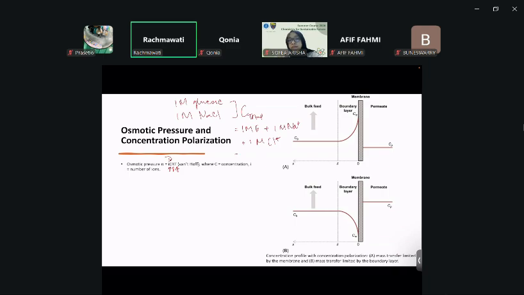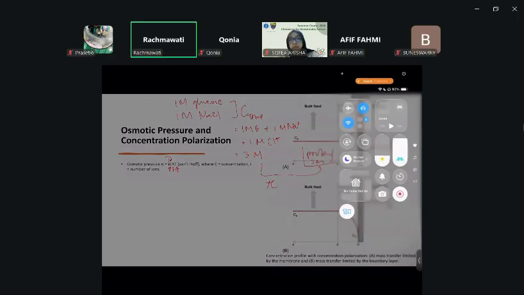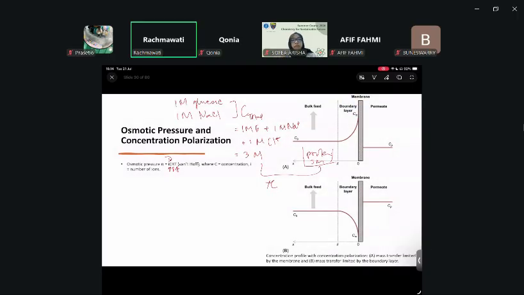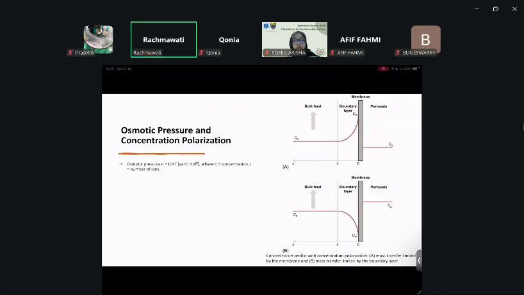So you actually have 3 molar of solute, which means if you have another feed containing, let's say, protein at 3 molar, then these two basically have the same osmotic pressure. It's just to refresh you about the basic principle of osmotic pressure.